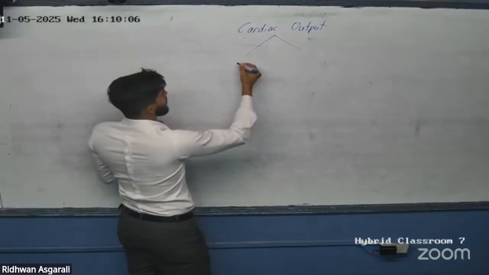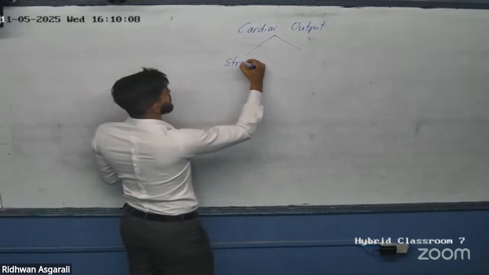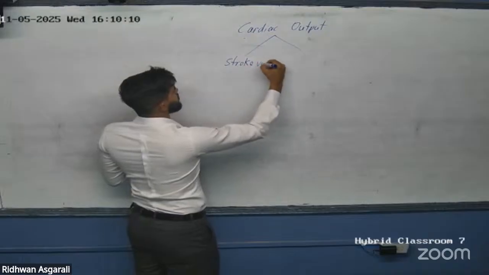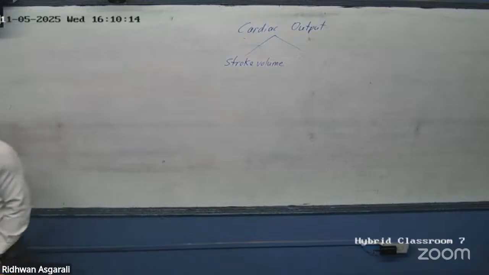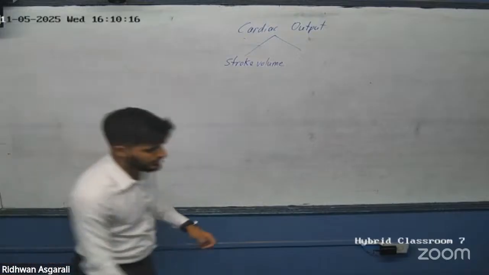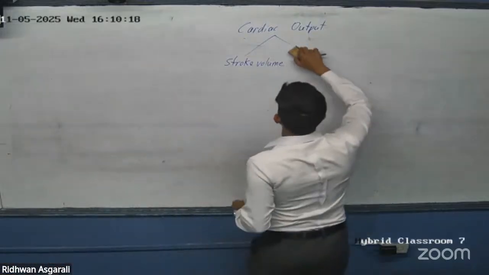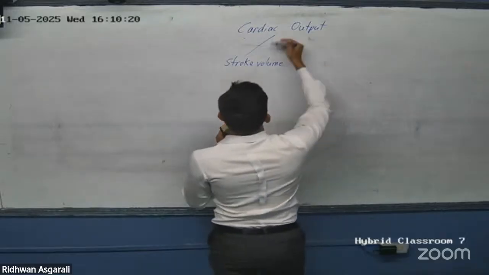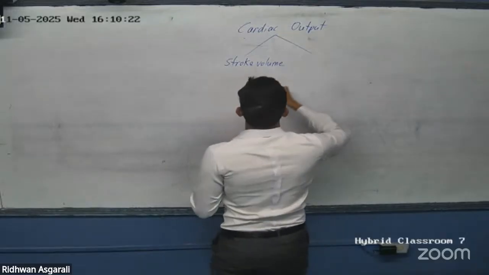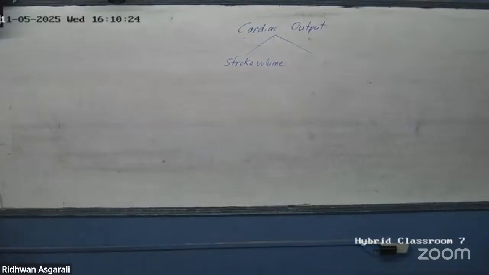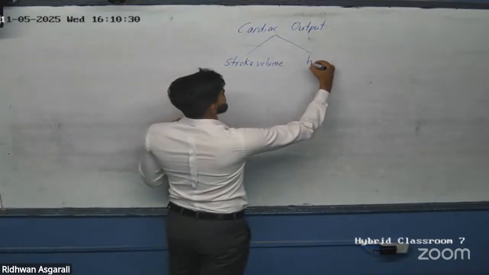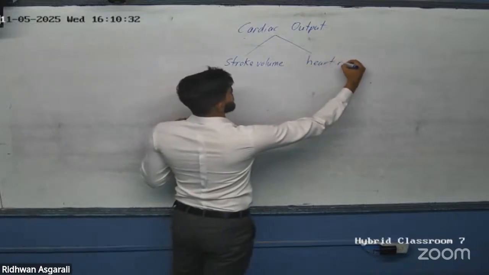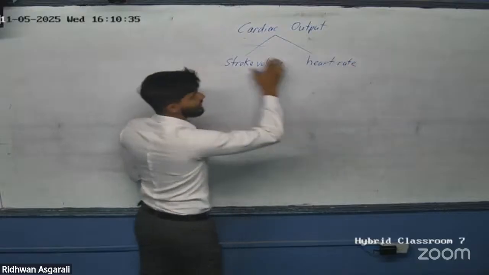It's comprised of stroke volume, and heart rate. So these two factors impact the cardiac output.